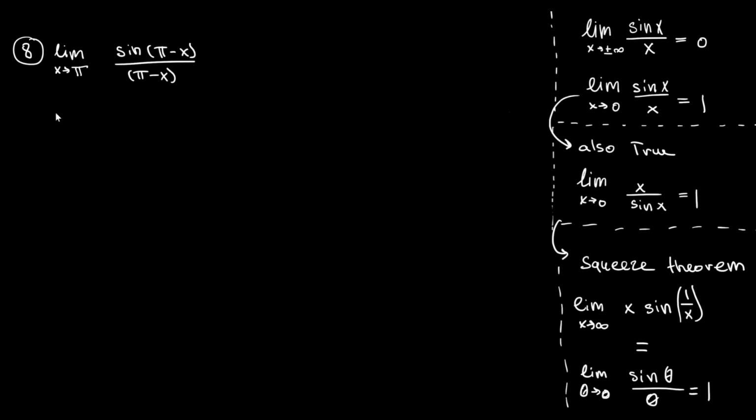So we'll go with substitution and we'll use pi minus x as our value. So what happens as x reaches pi in pi minus x? The value it's going to reach is 0, right? And let's substitute pi minus x as t, for example.